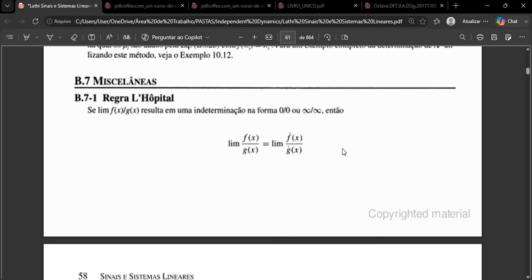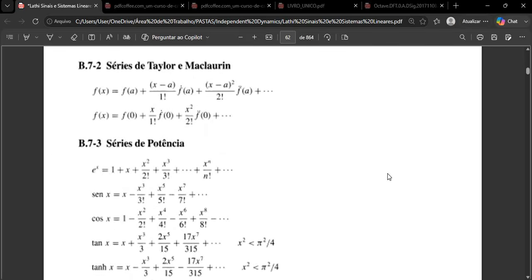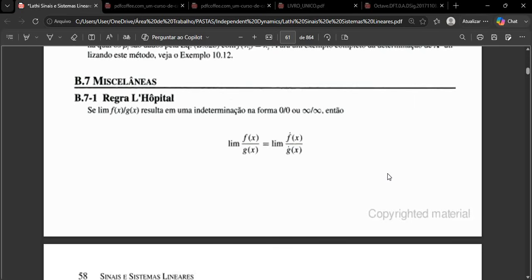So, if you are familiar with the book Signals and Linear Systems from Lathi, probably you already passed through this chapter, this part right here, miscellany, and I wanted to cover this topic.